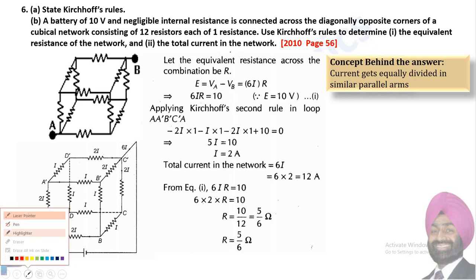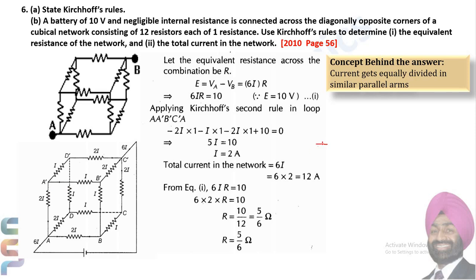Both are correct. Some books have taken direction of current as negative. Some books have taken direction of current as positive. Let me write it in the other way also. As you move from A to A dash, plus 2I into 1.